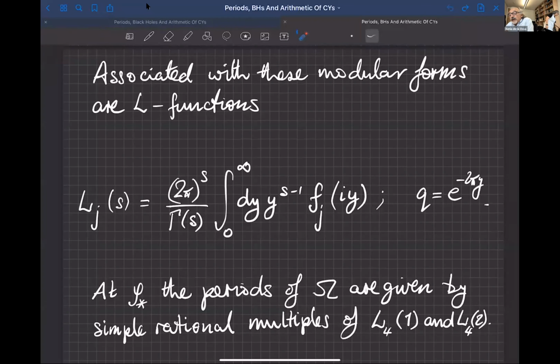And the next beautiful fact is that at φ star, at the attractor point, the periods of omega are given by simple rational multiples of critical values of the L functions in terms of L41 and L42.